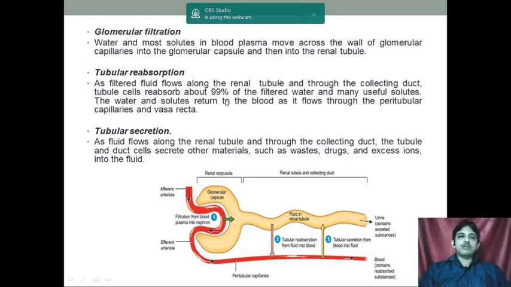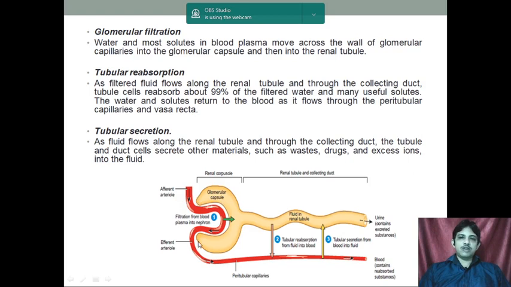Now coming to glomerular filtration, the water and most solutes of the blood plasma move across the walls of the glomerular capillaries into the glomerular capsule, then into the renal tubule. So this is the glomerular capsule.